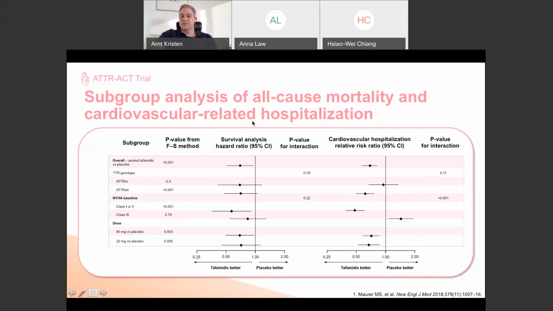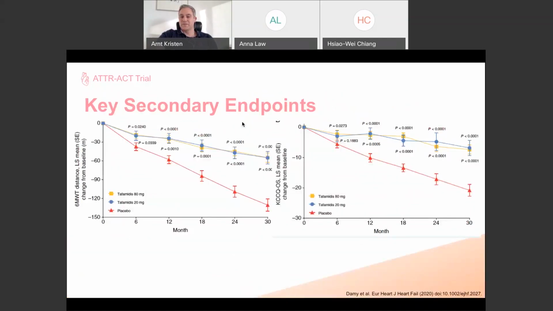And what you can see on the next slide is that there was a smaller decline of the 6-minute walk distance in patients treated with tafamidis, and a smaller decline of quality of life in these patients in comparison to the placebo cohort. And there was no difference in the change of the 6-minute walk test and quality of life measurements between the two different groups of 20 or 80 milligrams of tafamidis.